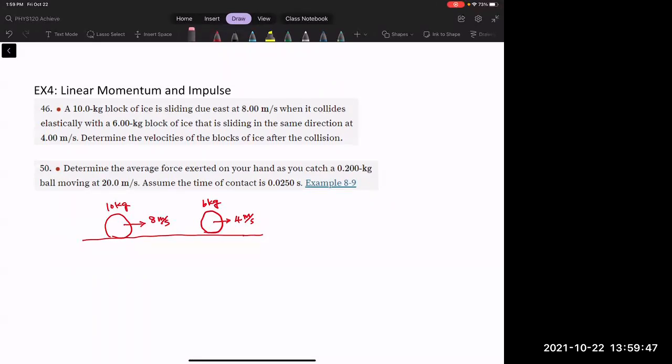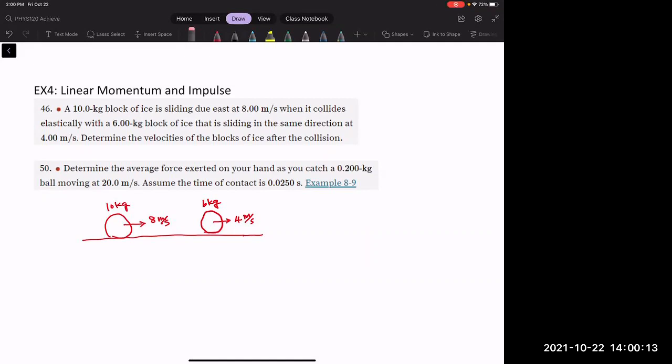So they tell you this is an elastic collision. Elastic collision meaning after they hit, they will separate. They could move backwards, or they can still move in the same direction, with one moving faster and one moving slower. So how do we solve this?